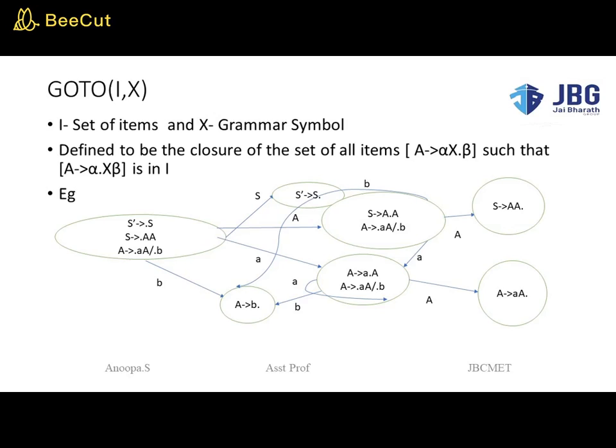Okay, so I hope you have understood how we got the closure for this S' giving .S. We included the first production S' giving .S first, then after the dot operator we had S, so we had to include the production S giving .AA. We had capital A after the dot operator in the second production, so we included A giving .aA or .b.